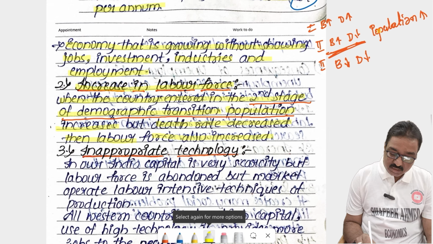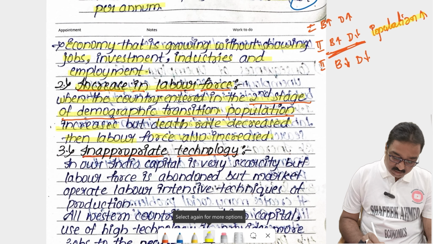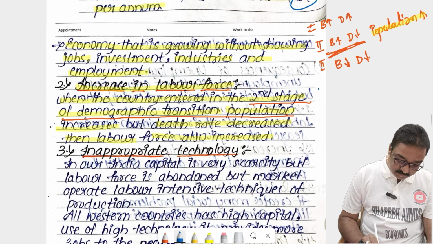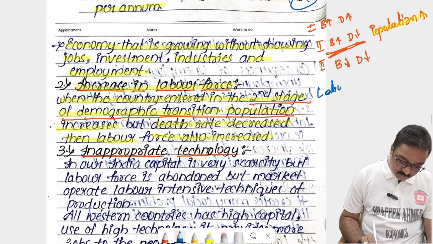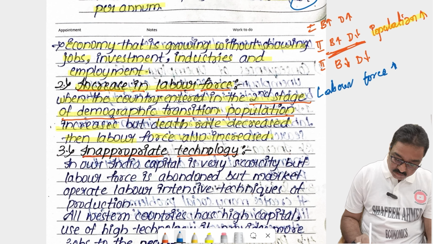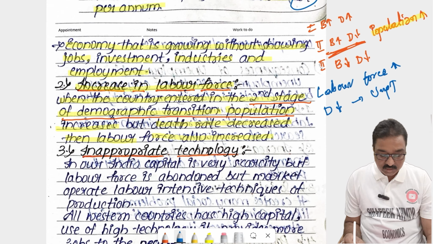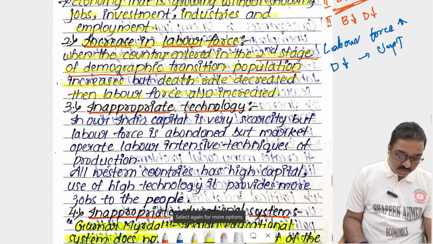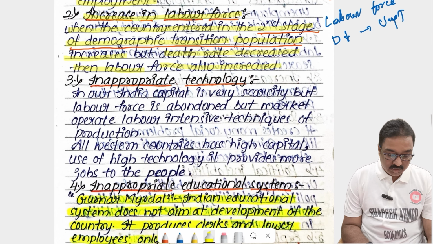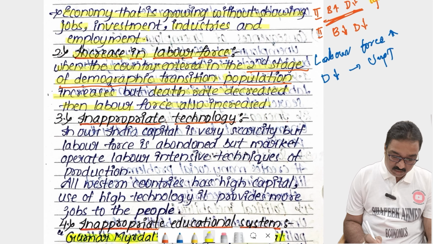When the population increases, the labor force also increases. When the labor force increases, labor demand decreases, and unemployment increases. This is one cause of increasing unemployment in our India.